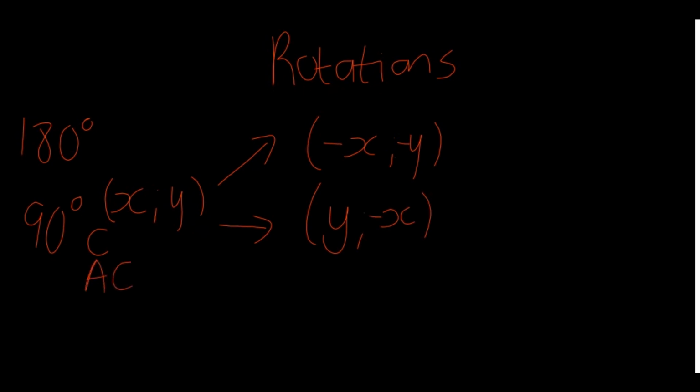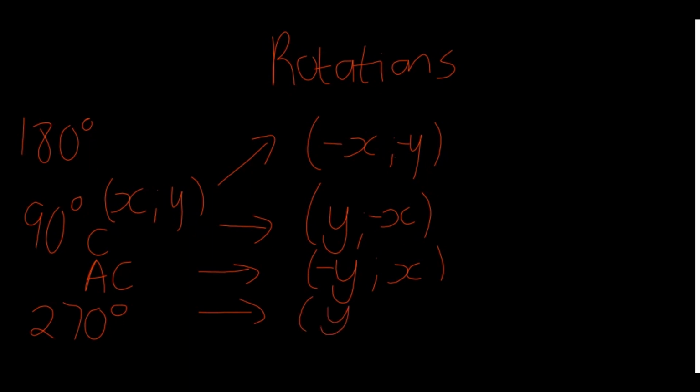If it's anti-clockwise, it will still also swap, y and x swap places, but now the y will have the opposite sign. And finally, if I rotate something 270 degrees, and this will be clockwise direction, the x and the y will also swap places, and the x will now have the opposite sign.